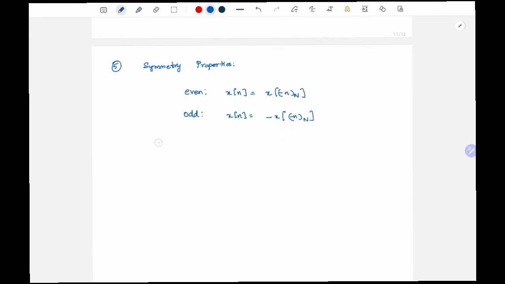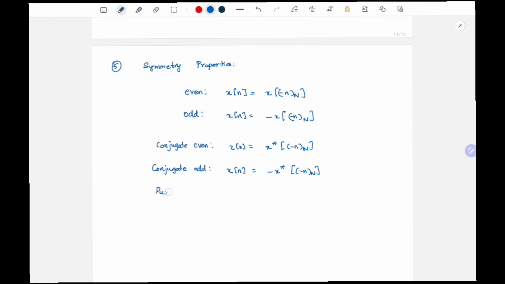Similarly, conjugate even, you have x of n equal to x star of minus n. Similarly, conjugate odd, you have x of n equal to minus x star of minus n modulo n. So this is just conjugate even, right?